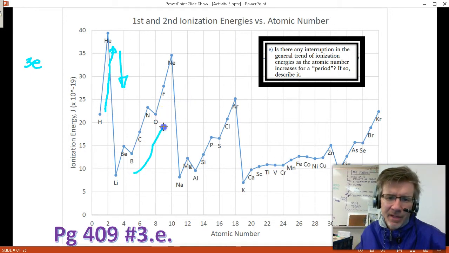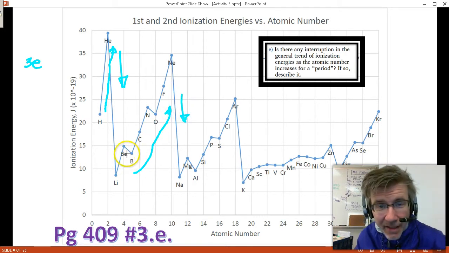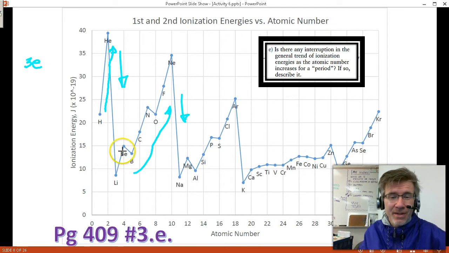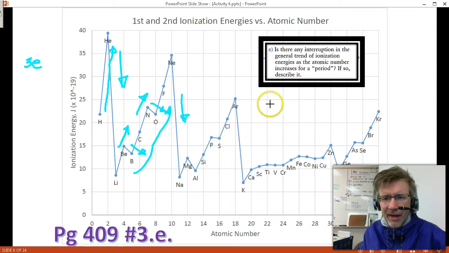You'd think this could just keep rising, and then bah, interruption. And actually, there's even some smaller interruptions here, like beryllium. You might think it should keep going, and bah, boron takes a little setback. You might be thinking that nitrogen could just keep going, but bah, there's another little setback at oxygen. So there are little setbacks, but in general, there's this really big setback each time.